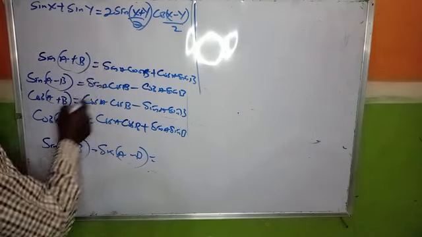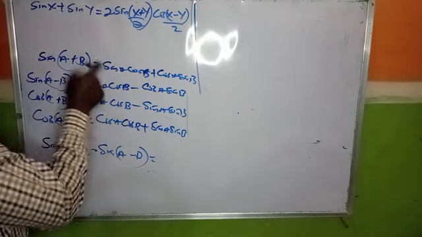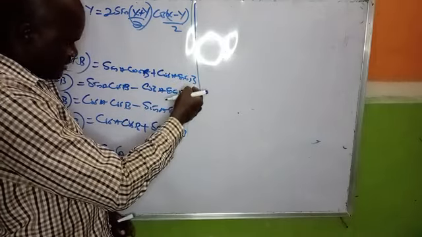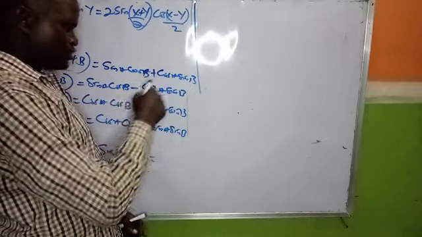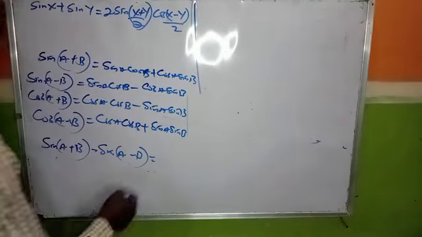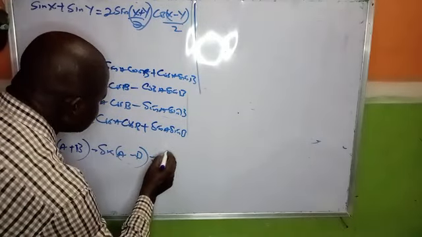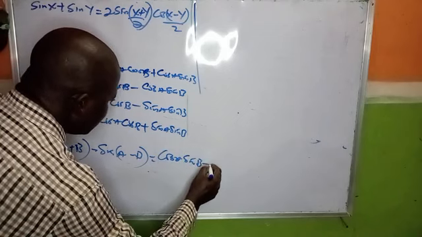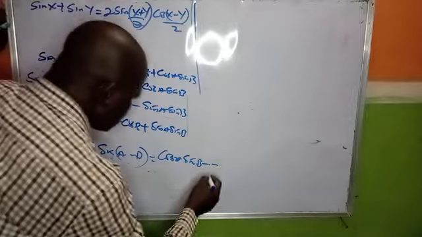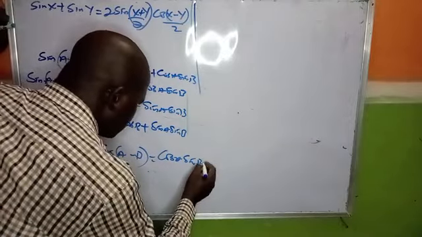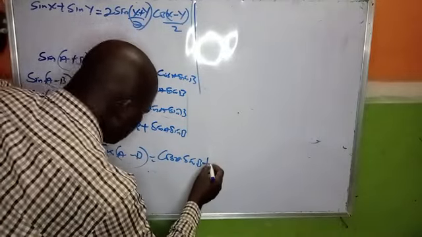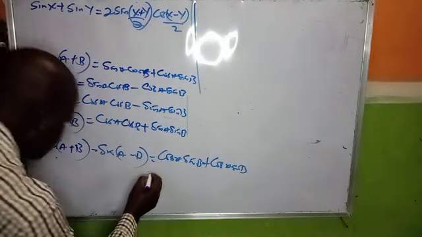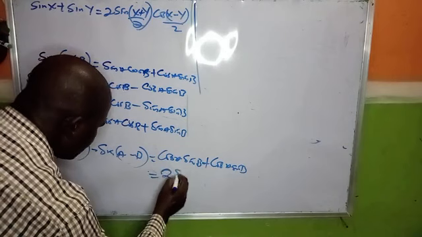This minus this will give you 0. So this one, cos a sine b minus minus cos a sine b. Minus as minus will give you plus. That's cos a sine b.